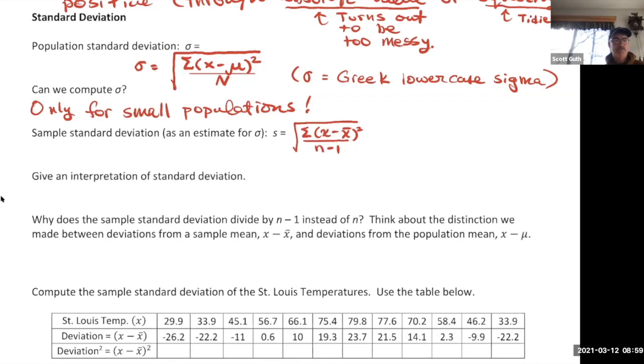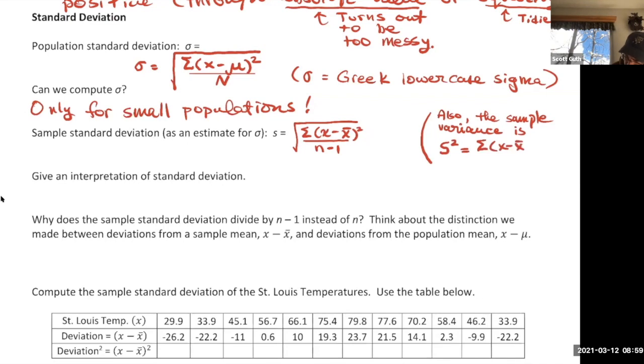I want to put in another note here. Also, the sample variance is another word I want you to know. It's the standard deviation squared. Got it? And so I'm just rewriting the formula without the square root.